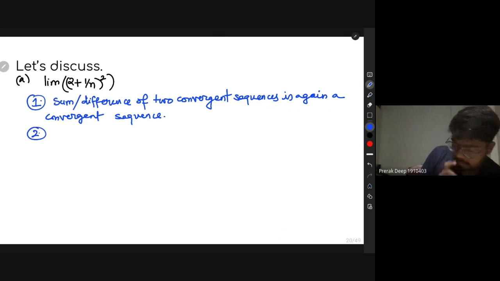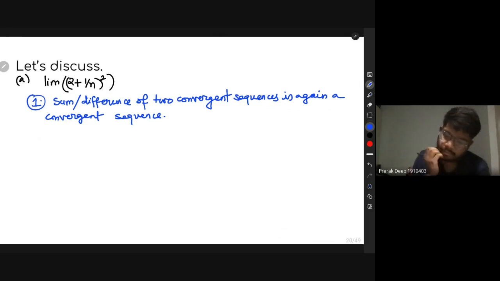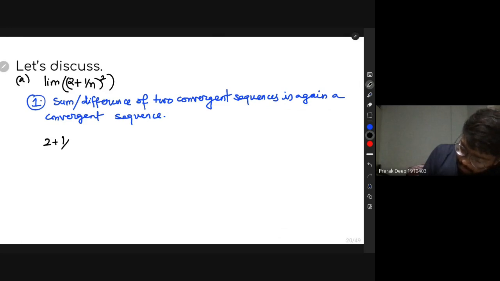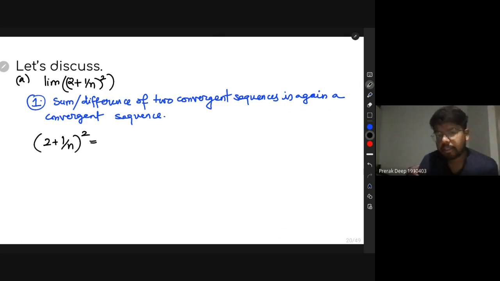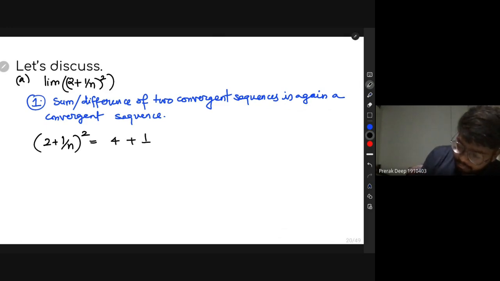That's what I'm going to use in this question. We all know the formula for (a plus b) whole square, so this expression whose limit we need to find can be written down as this.